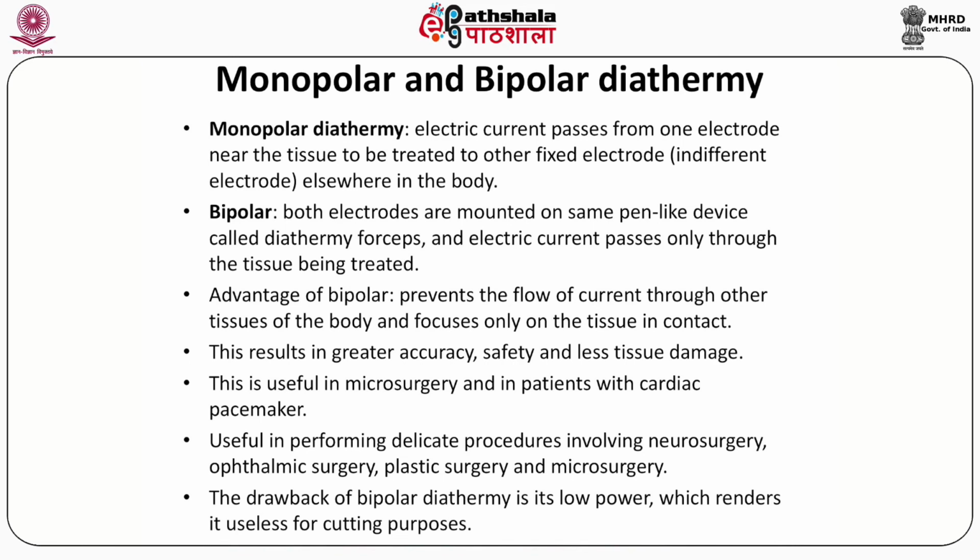The advantage of bipolar is that it prevents the flow of current through other tissues of the body and focuses only on the tissue that is in contact with the cautery, or diathermy forceps. This results in greater accuracy, safety, and less tissue damage.